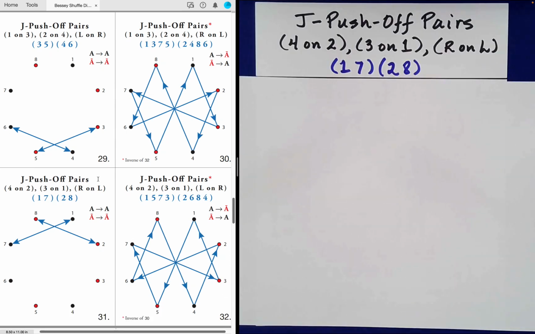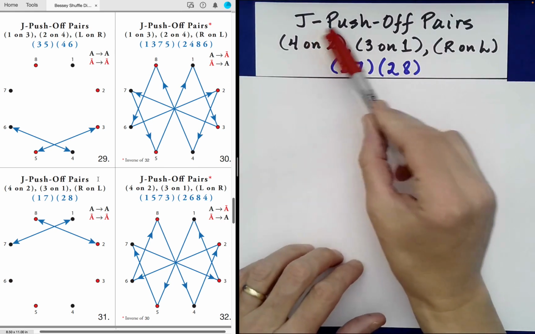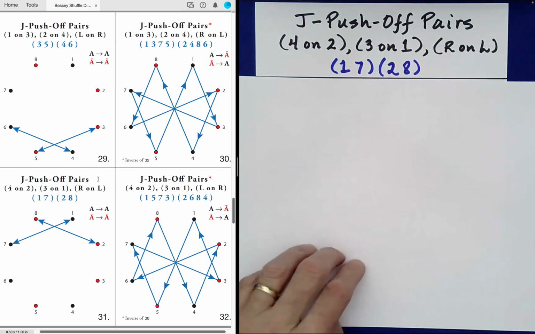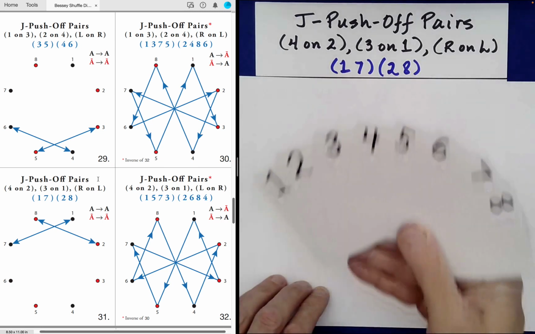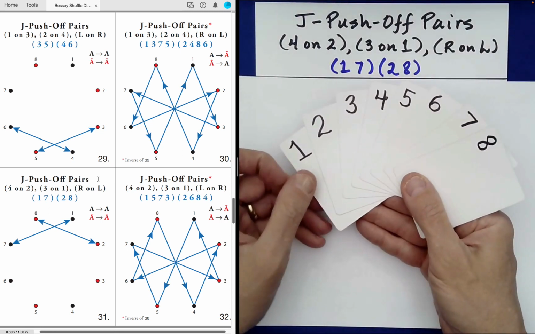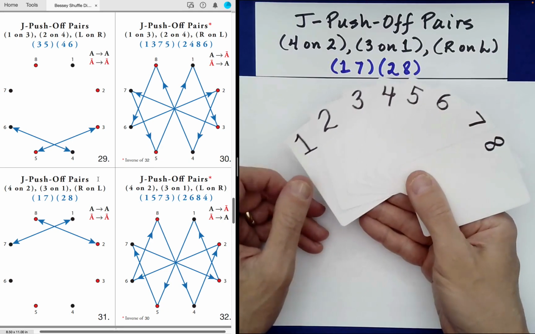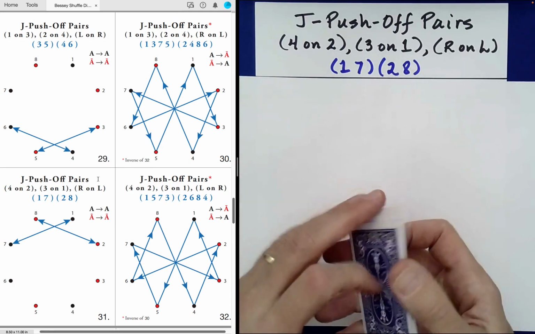Our third shuffle for today is shuffle 31, which is also a push-off pairs. So let's go ahead and illustrate this shuffle and derive the permutation associated with it. So we begin with the ordered packet 1 through 8, and we perform the shuffle.